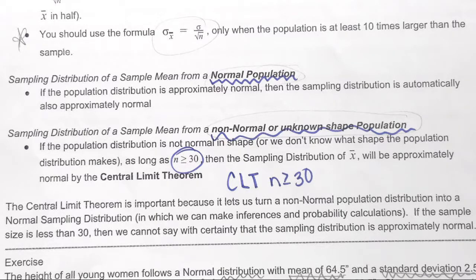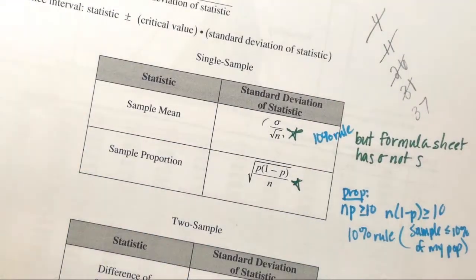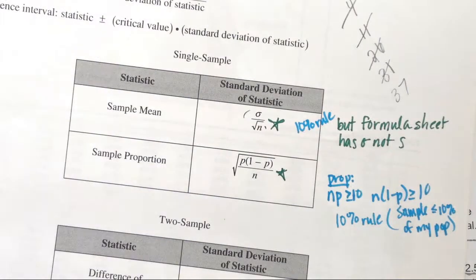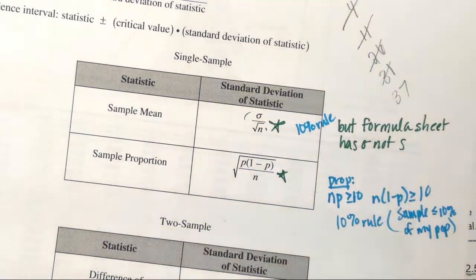We're still going to have to do what we were doing before, showing the 10% rule, depending on whether it's a proportions or a means problem. For a proportions problem, we're still going to have to check all these things. We can't even necessarily assume normality, because if we fail that 10% rule, then we're just going to try to do the math the way we've been doing it.